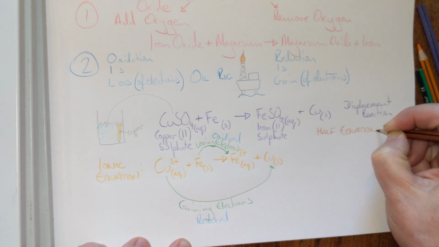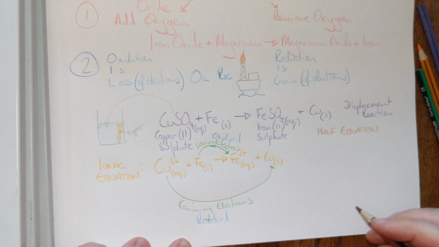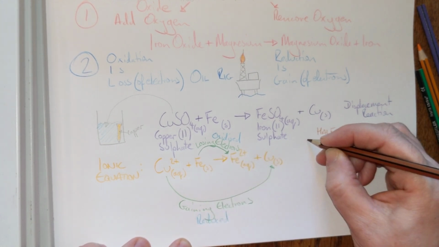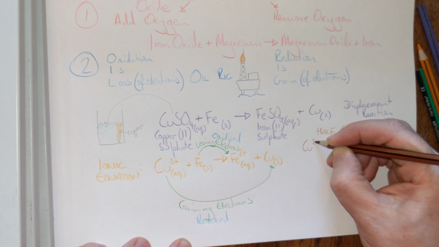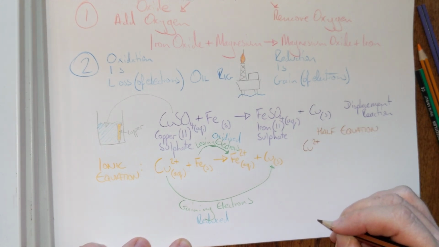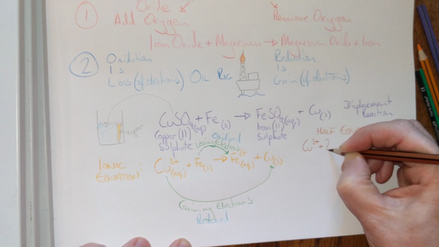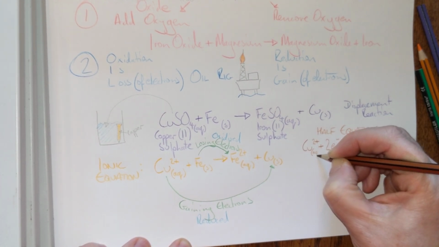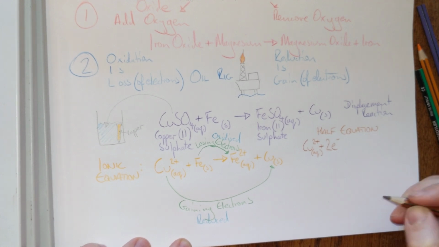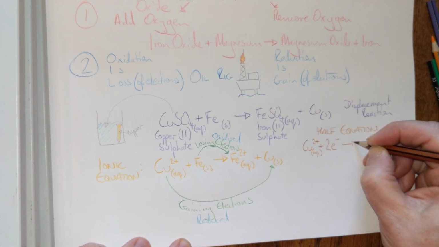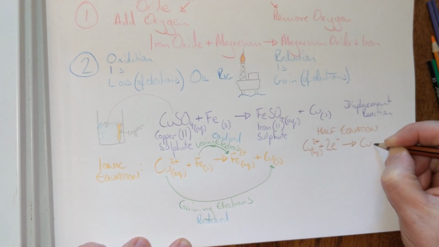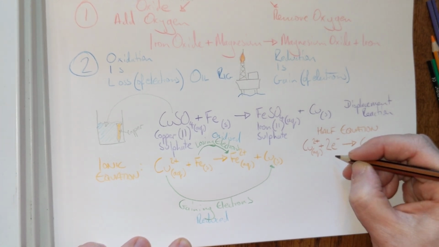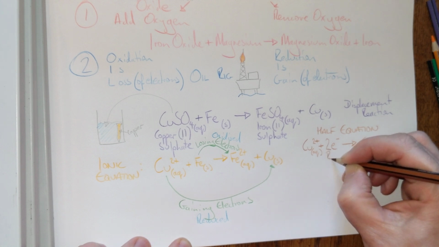So, the first half equation is that we're starting off with copper, Cu2+, we're adding 2 electrons, 2e-. Now, don't forget, this is aqueous. Electrons don't have state symbols because they're electrons, and it turns into Cu solid. And this one is our reduction.